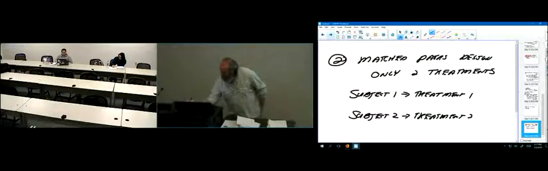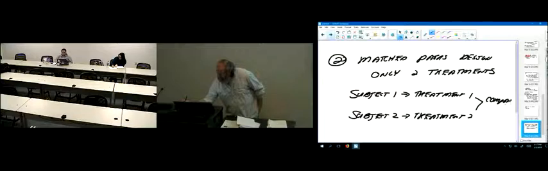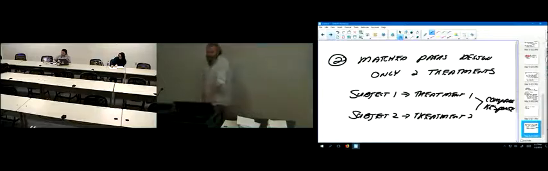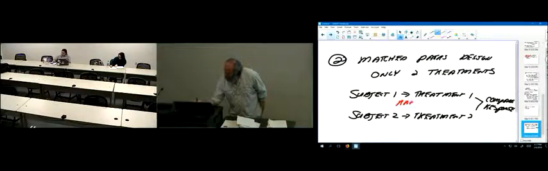And then how does the comparative part come in? You compare the response variable on those two subjects. The catch is, here, you do the random assignment.